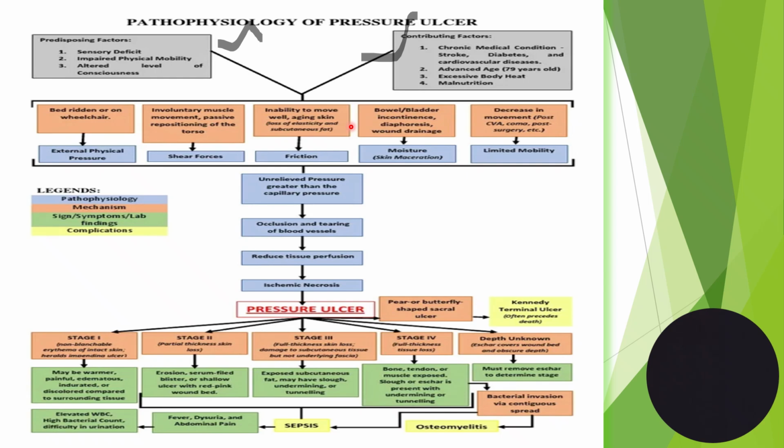And then bowel and bladder incontinence, diaphoresis and wound drainage. Here it is mainly related to moisture-related pressure injury. Due to wetness, as you know, if you wash your clothes or keep your hands wet for a prolonged time, what will happen? The skin of your hands becomes loose and prone to rupture.